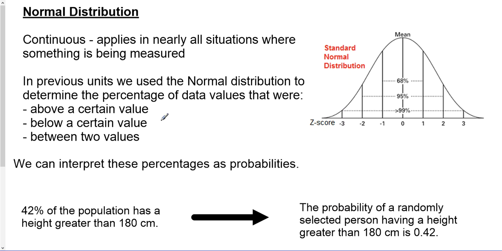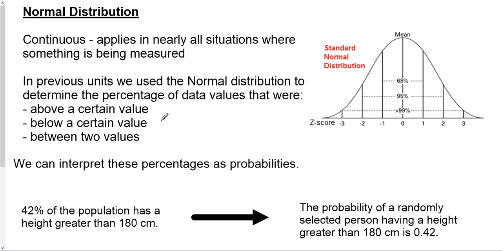So earlier on we did questions where they asked us to find the percentage of a population that has a height greater than 180 centimeters, to take an example. We found that 42% of the population had a height greater than 180 centimeters. We can take that number, and rather than thinking of it as a percentage that we would measure from a population, we can think of it as a probability.